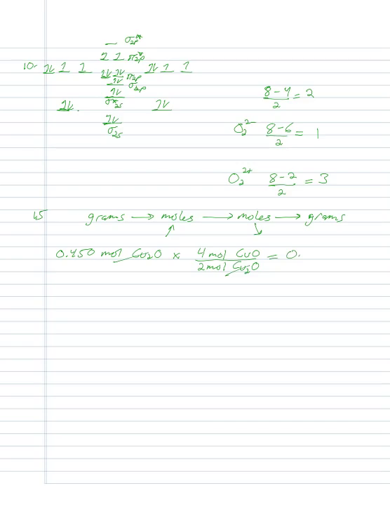Yes, so how many moles of CuO can be produced with 0.450 moles of Cu2O in the following reaction? When we're doing these reactions, remember we're generally going from grams, turning those into moles, and then converting those into moles of something else, and then turning that back into grams.